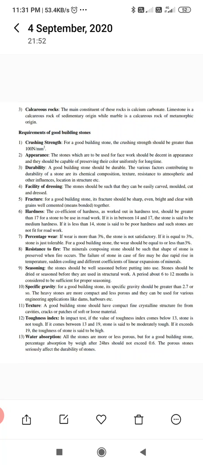The third one is the calcareous rocks. The constituent of these rocks is calcium carbonate. Limestone is a calcareous rock of sedimentary origin, while marble is a calcareous rock of metamorphic origin.